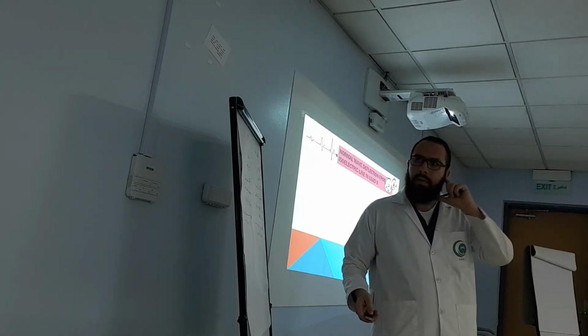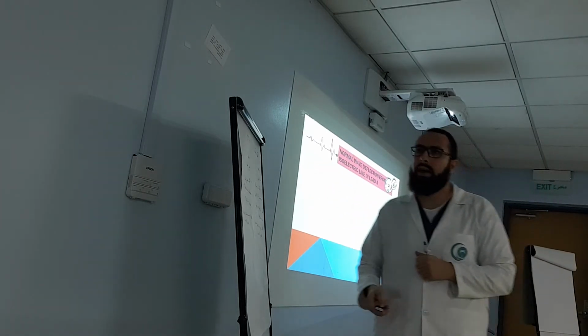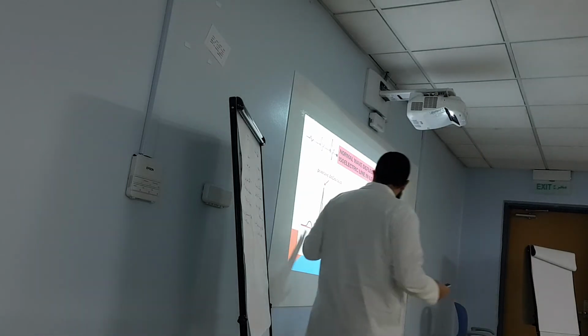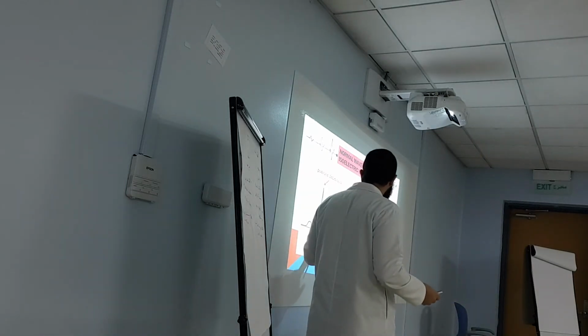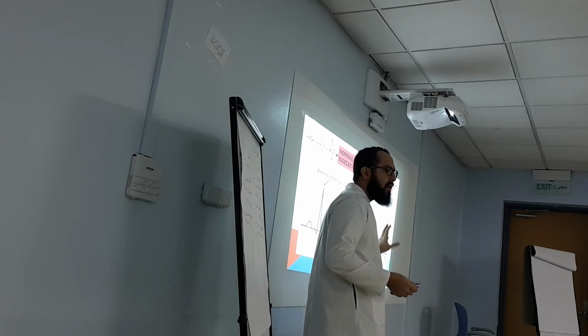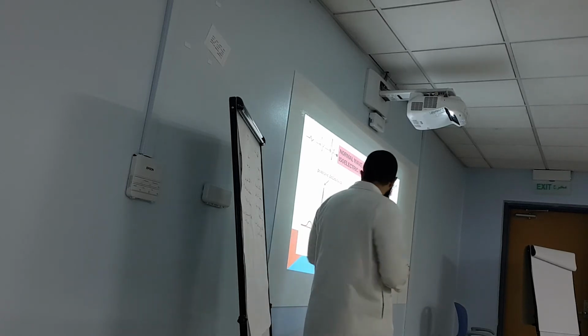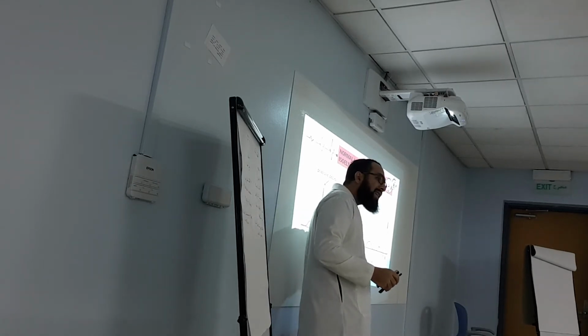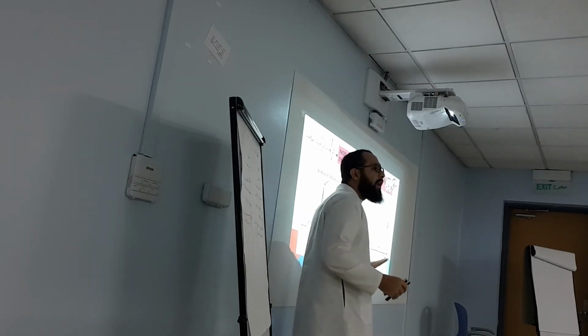Right. So now, some ECG waves are up, some ECG waves are down. What's the difference? There is one line in between. This line is called the isoelectric line.